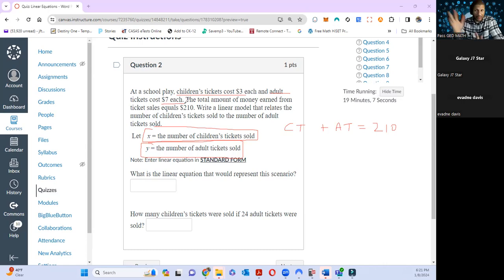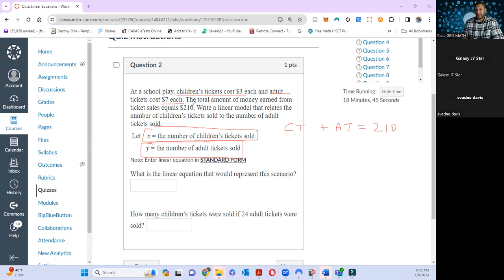So let me ask you a question. If I had 3 children's tickets, how much would I have to spend? $9. How did you get that? I added 3 plus 3 and then 6 plus 3. Let me tell you something, if you do it that way, you're going to be sitting here.